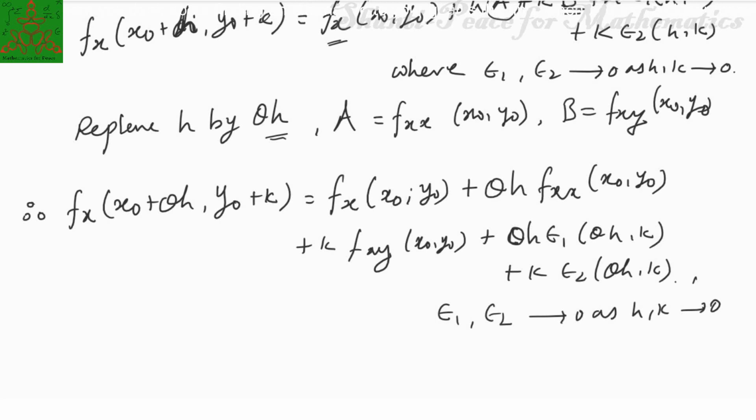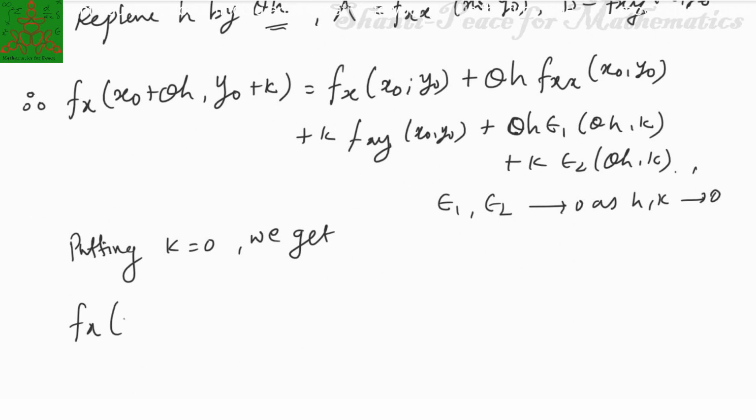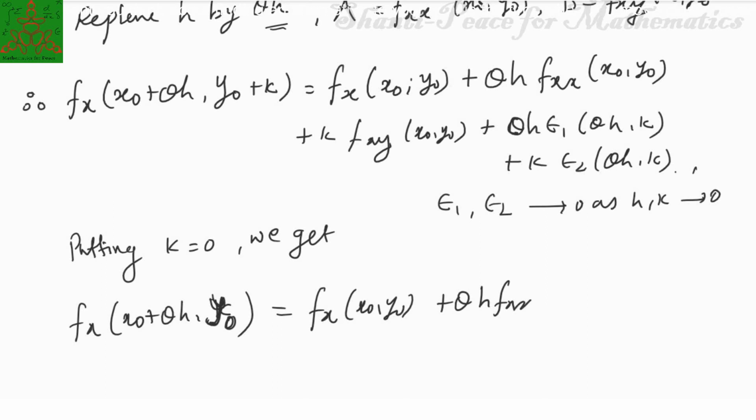Now if I put k equal to 0 in this, so putting k equal to 0, we get fx at x0 plus theta h, comma y0, because k is 0. This is fx at x0 y0 plus theta h into fxx at x0 y0.